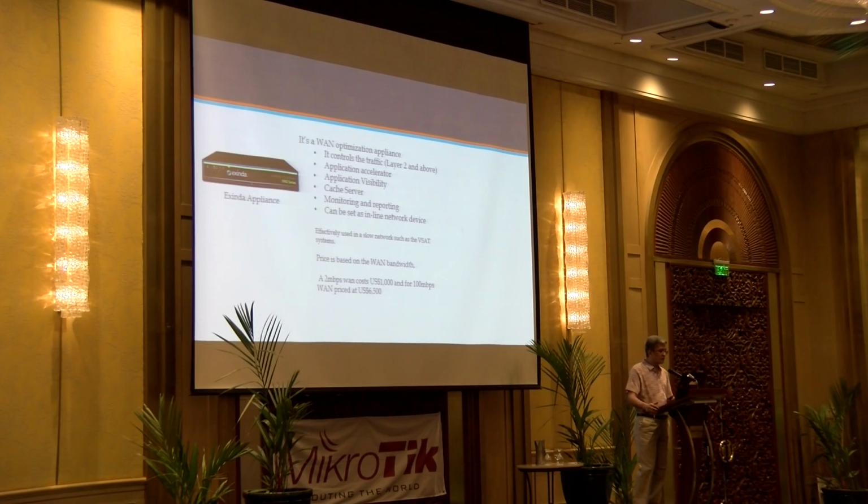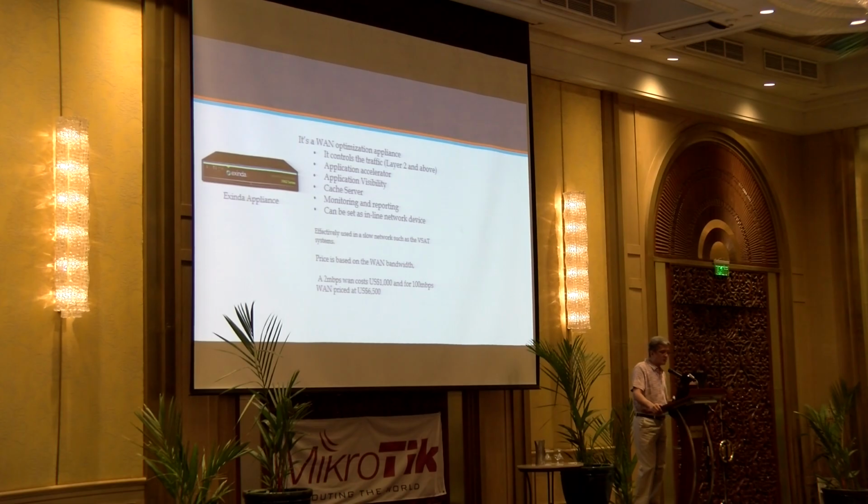It's an application accelerator with application visibility. It means your software should be able to see the other side. Like you have two sets of systems and you put the Exinda in the middle, it can still see the other side, all right? It also does monitoring and reporting, and can be set as an inline network device.